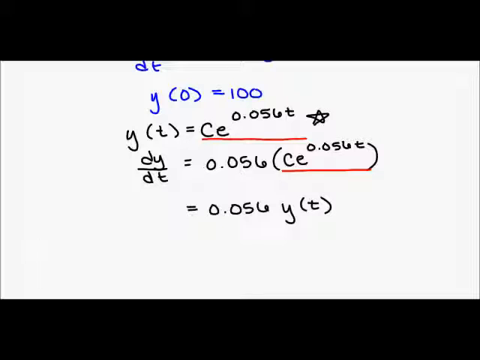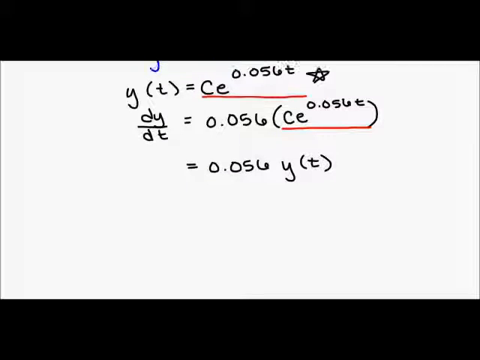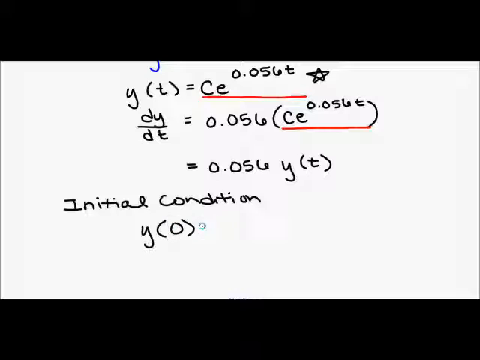Now, we still need to apply our initial condition, not to check it, but to figure out what c is. So when we apply the initial condition, which was y of 0 is 100, we're going to end up with y of 0 equals c times e to the 0.056, and t is 0.